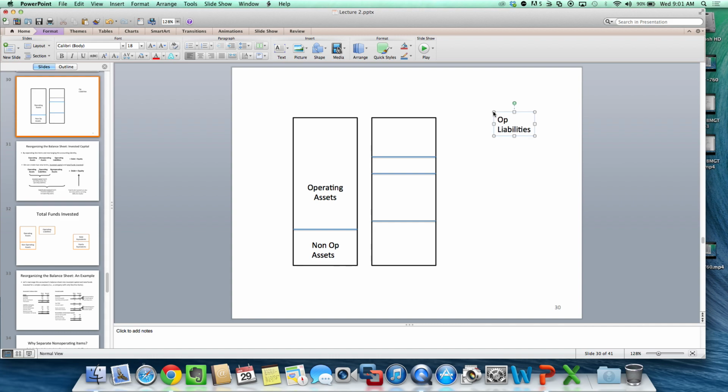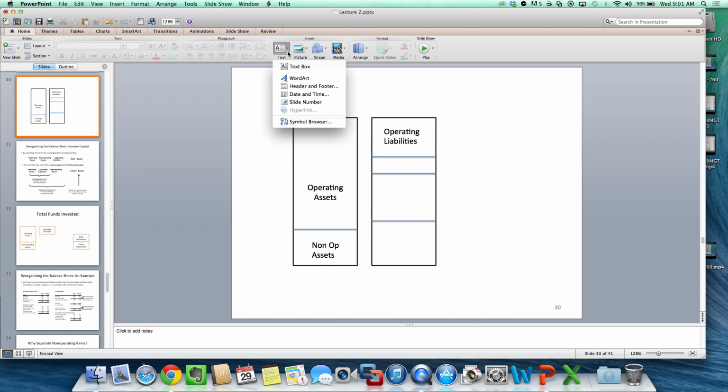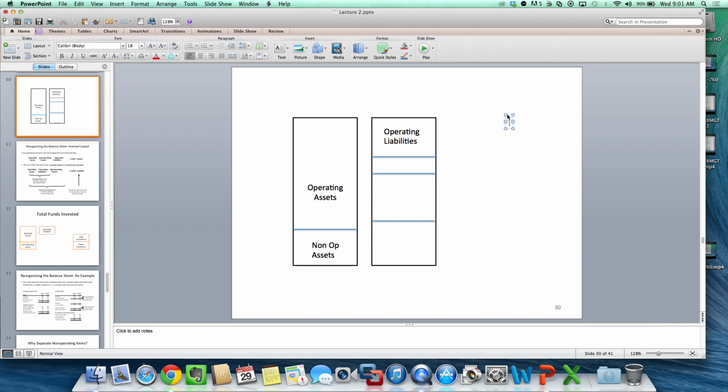These are my 1 liabilities. And then we're going to have a second part of the liabilities, which we're going to call non-operating liabilities. Things that aren't related to our business.